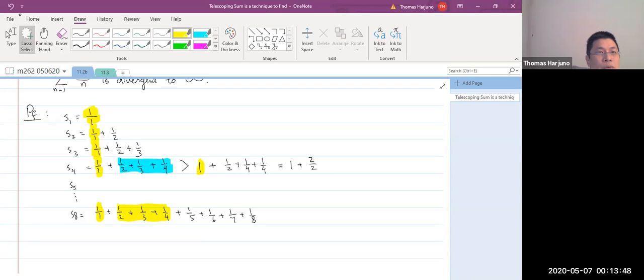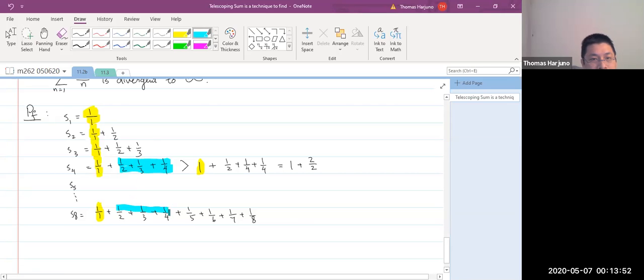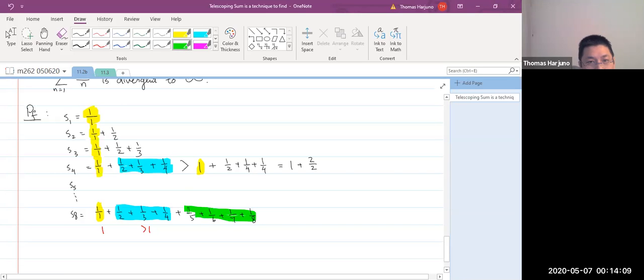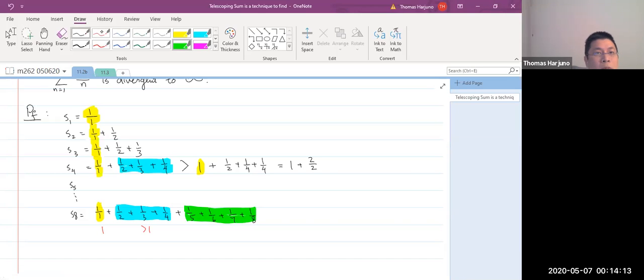Maybe I use blue. This gives me more than 1. This is 1. This is more than 1. Now the thing is, this part here will be more than 1/2.